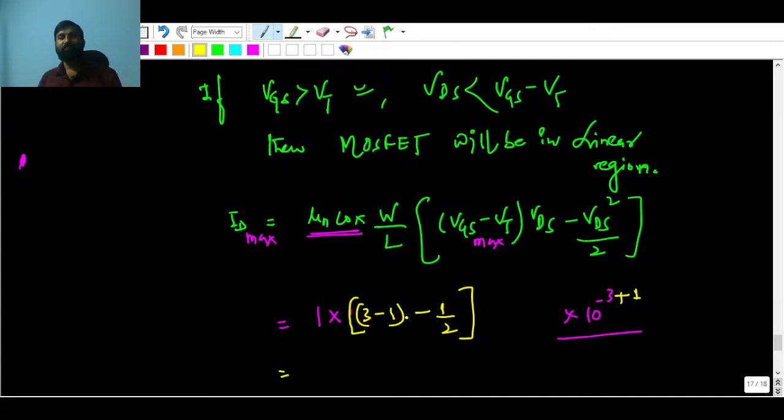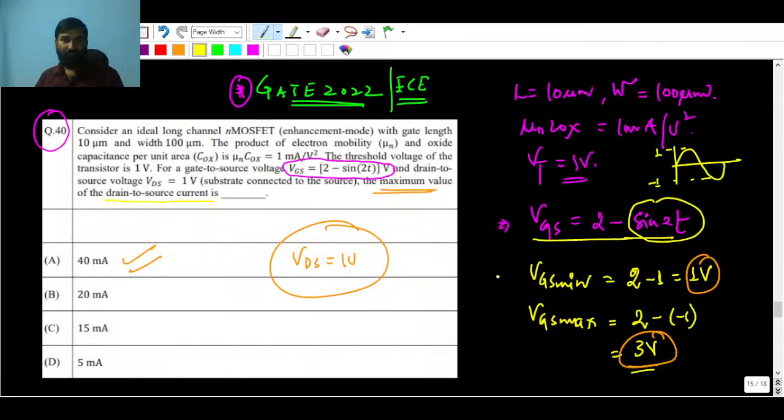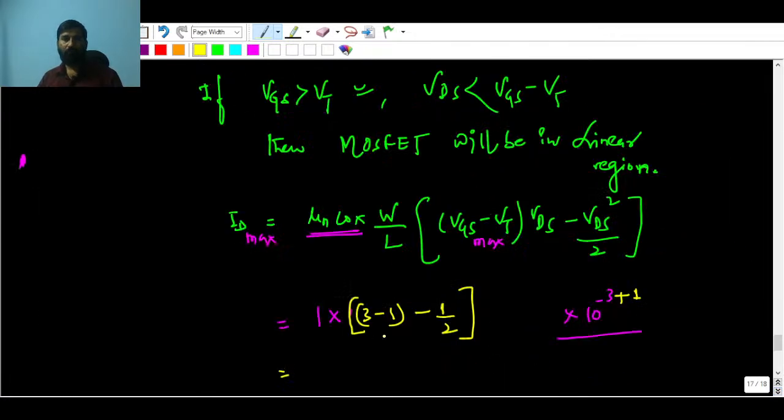So further you can go ahead. W by L was, let me check again, 100 by 10, so it is simple. You can solve this. I think this will be 2 minus 1 by 2.